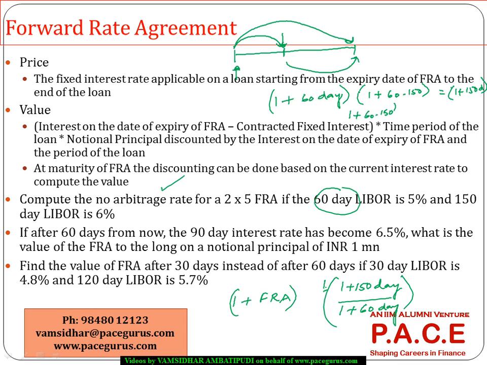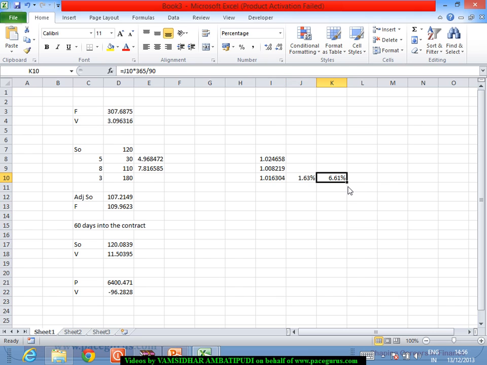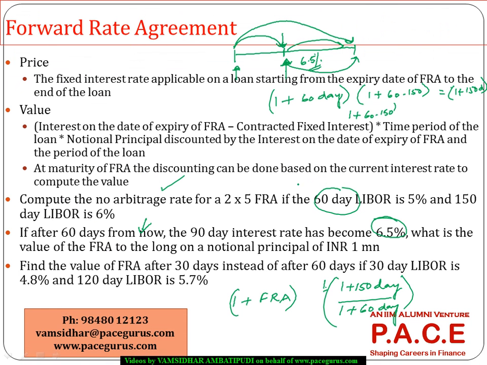Now, going slightly deeper, suppose after 60 days from now the 90-day interest rate has become 6.5%. After 60 days from now is the day of expiry of the FRA, and we find that the actual interest rate is 6.5% for this loan, whereas we contracted it at 6.61%.